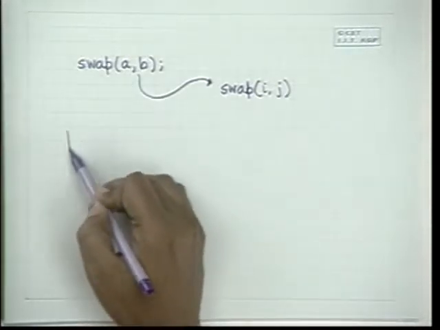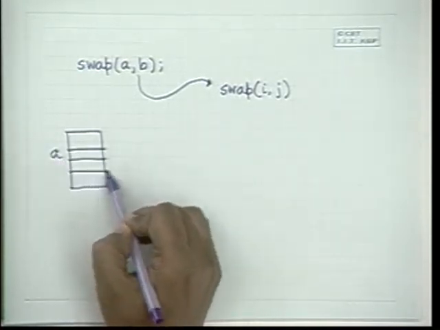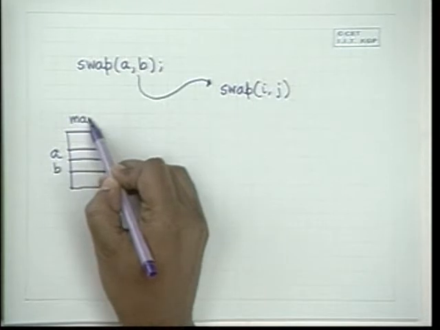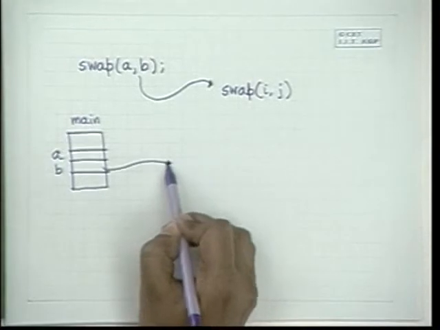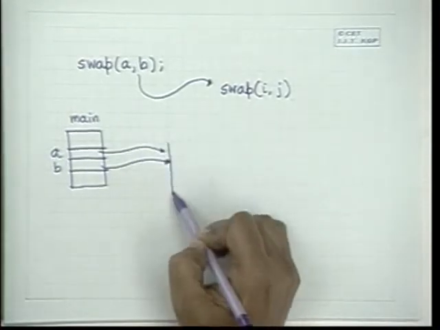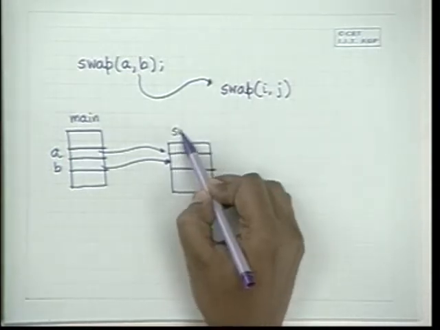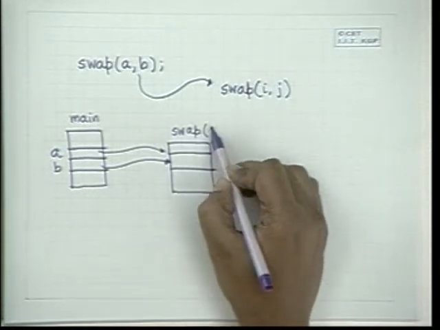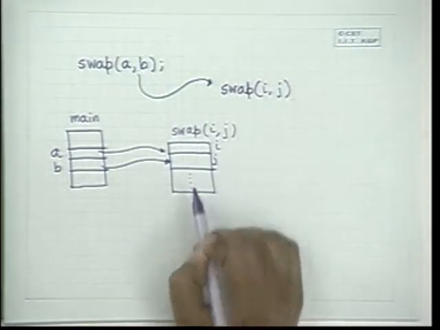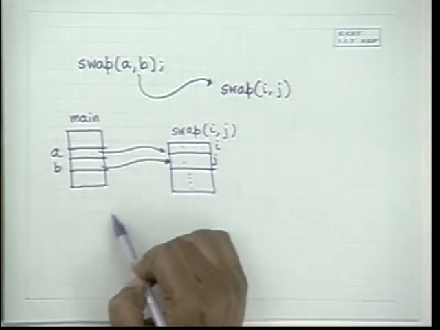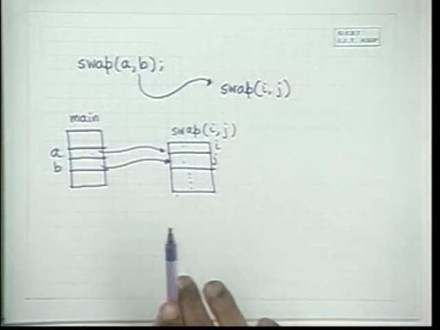And the values of the variables A and B of the main function were copied into the local variables of the data segment of the swap function. This was i, this was j, and you can have several other local variables. This was copied here and it goes back. And once the call is over, the values are not copied back.